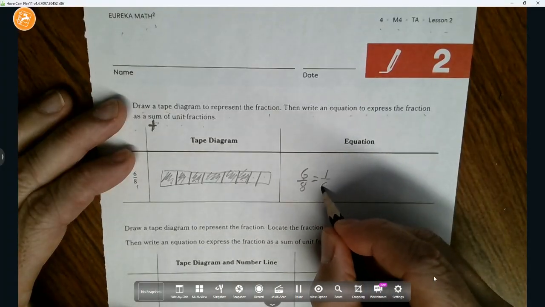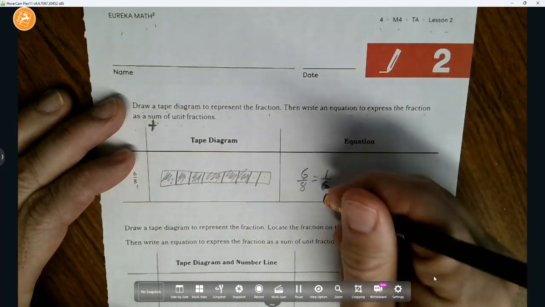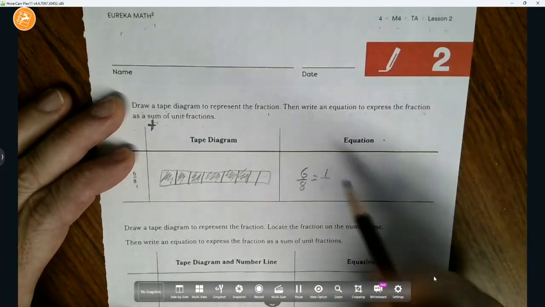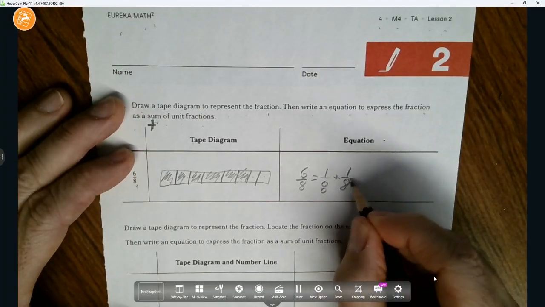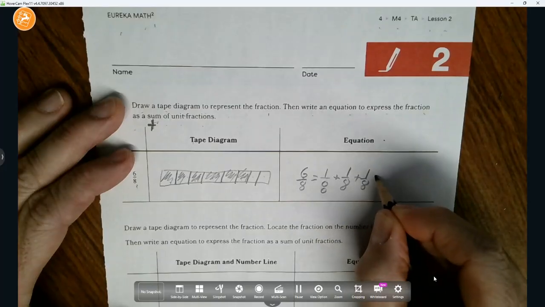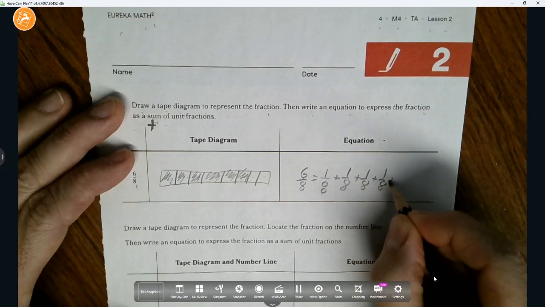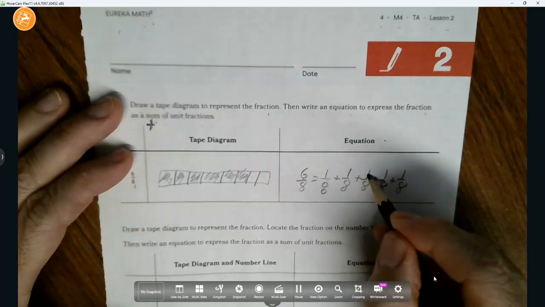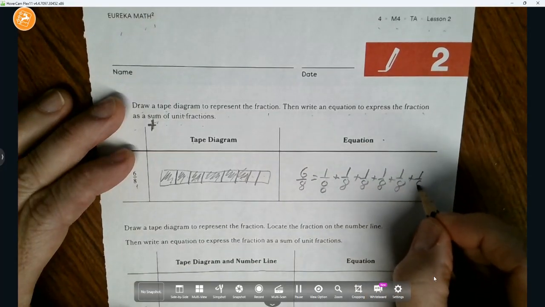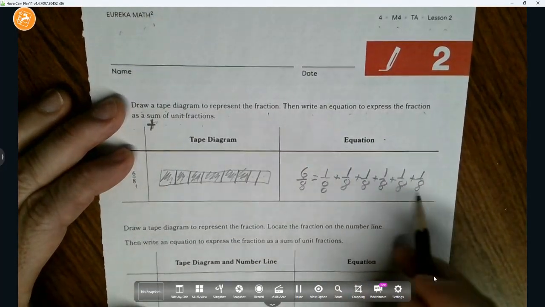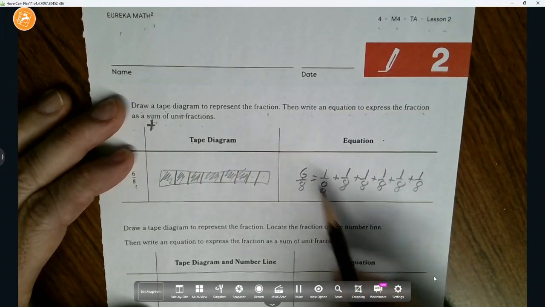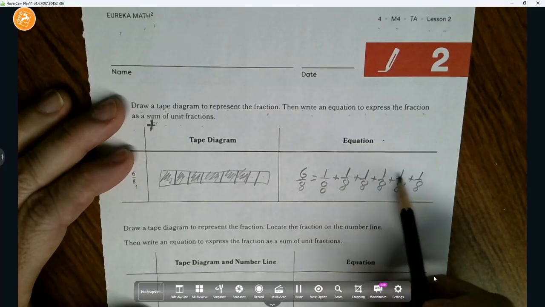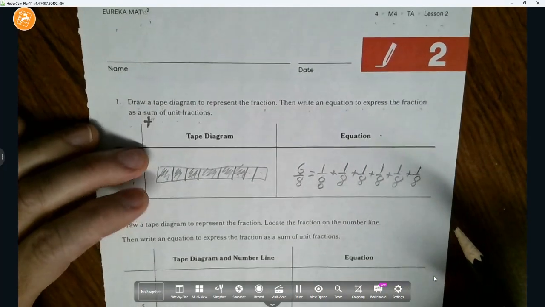So 1/8 plus 1/8 plus 1/8 plus 1/8 plus 1/8 plus 1/8. The numbers are the same on the bottom, so we don't worry about it. We just keep adding ones until we get to 6. We have 1, 2, 3, 4, 5, 6. So that answers our question.